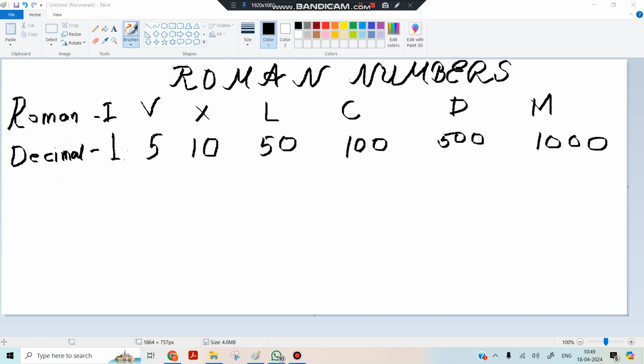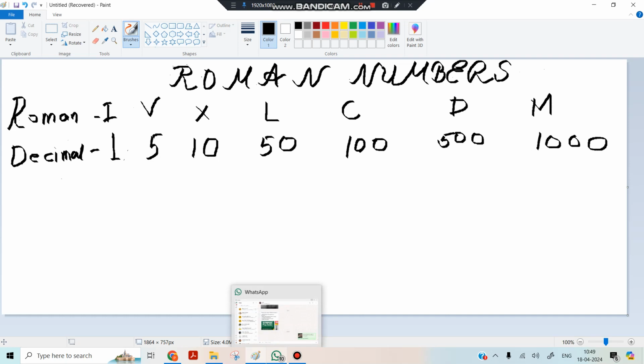When the decimal is 1, the Roman is I. When the decimal is 5, the Roman is V. When the decimal is 10, the Roman is X. When the decimal is 50, Roman is L. When the decimal is 100, Roman is C. When the decimal is 500, Roman is D. When the decimal is 1000, the Roman is M. Now we can express other numbers using these letters.